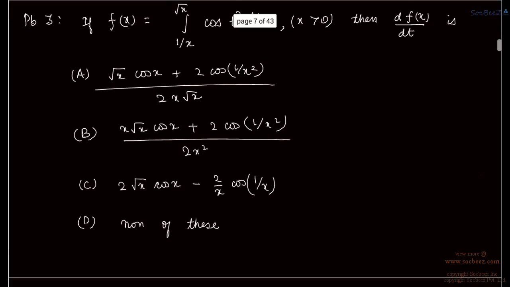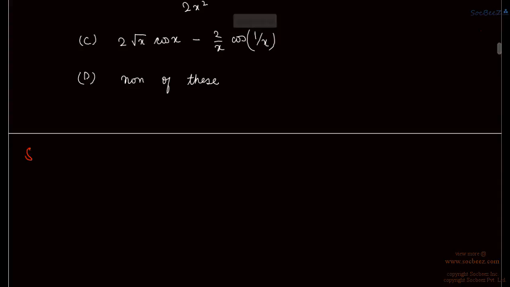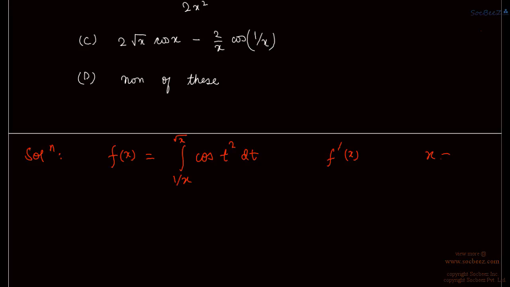So we have f(x) equal to the integral from 1 upon x to root x of cos t square dt, and we have to find the value of f dash x. These conditions are there, right?